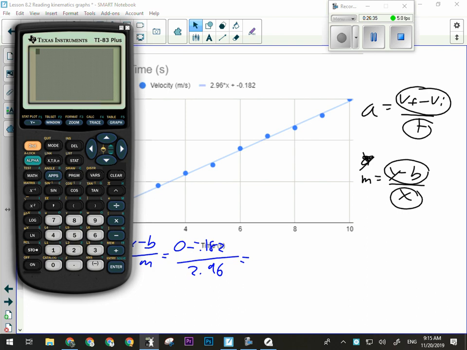So we're going to have 0.182 divided by 2.96, so it's going to be a small number, right? All right, so this whole triangle starts at 0.6148 seconds and goes to 10. So if I go 10 minus that, will I have my total time? All right, so there's my total time.